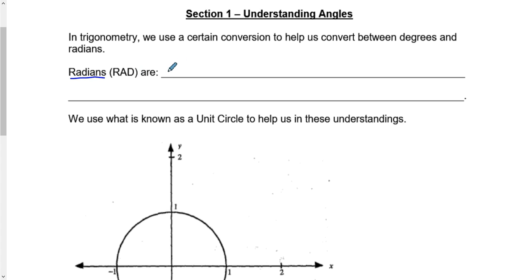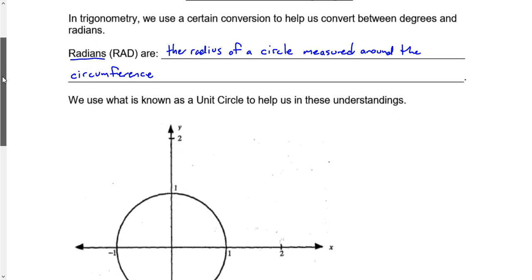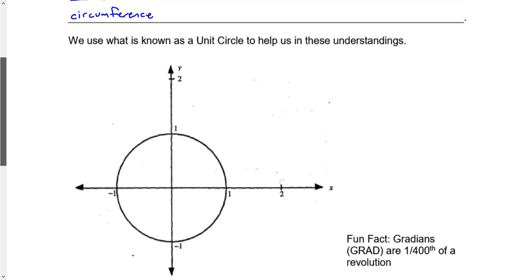Now, radians are basically the radius of a circle measured around the circumference. What I mean by that is we use what's known as the unit circle to help with that understanding.